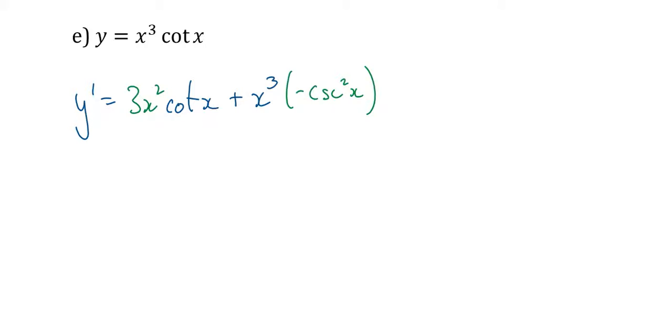Okay, so derivative of the first times the second plus derivative of the second times the first. Not too much we can do here. You could factor out an x squared, but generally speaking, we don't try to factor these unless we're doing something with them, like solving or something like that.